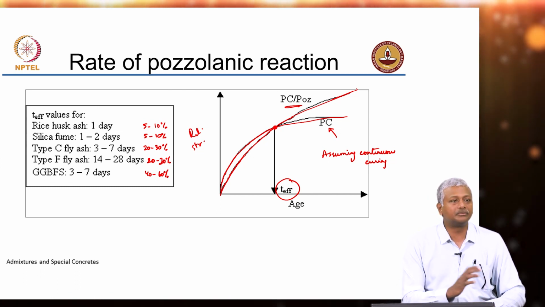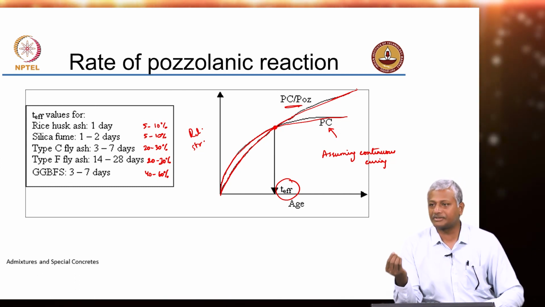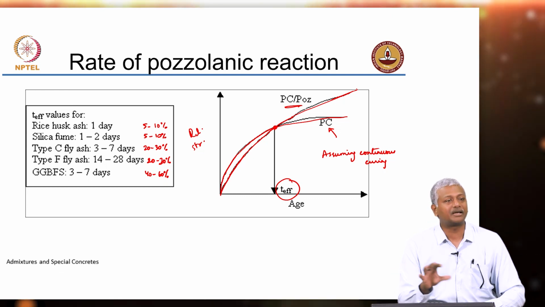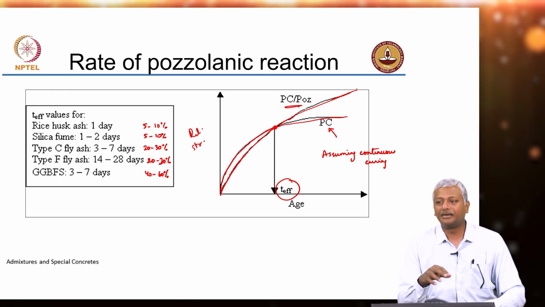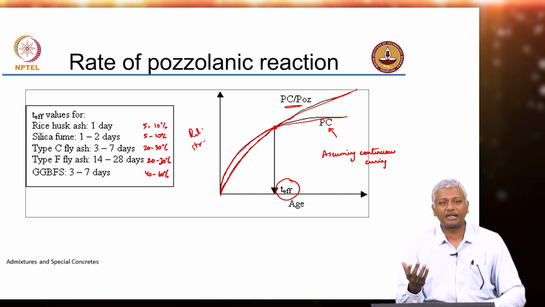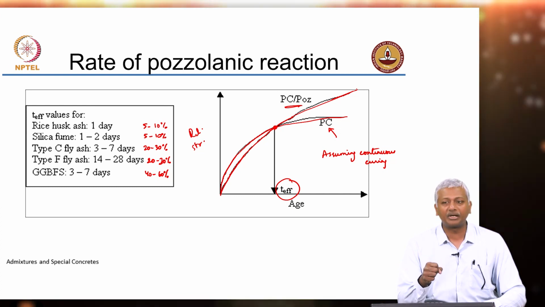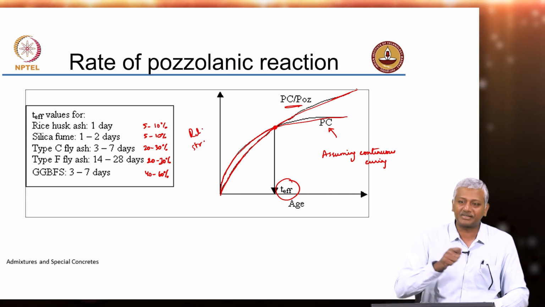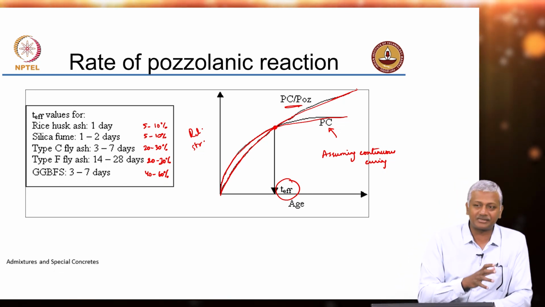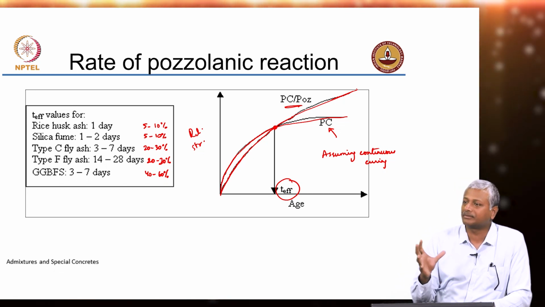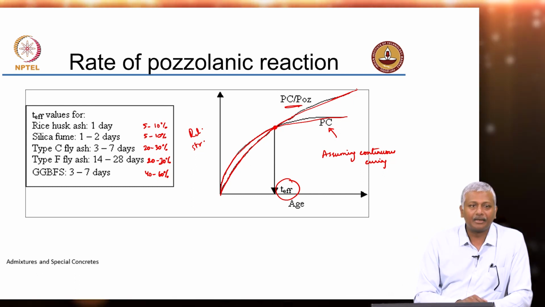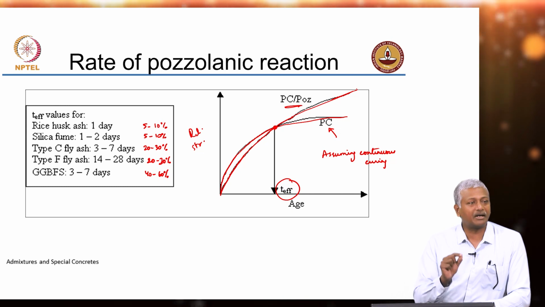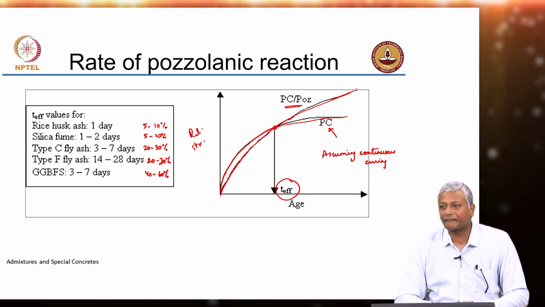Now, some years ago, instead of making the customer aware that it is the concrete they should be worrying about, not the cement, several cement companies went down the line of actually trying to make the Portland pozzolan cement start reacting faster and gaining strength as fast as OPC. So, what they started doing is crushing the PPC to much finer sizes, and they even came out with a brand name of PPC 53.